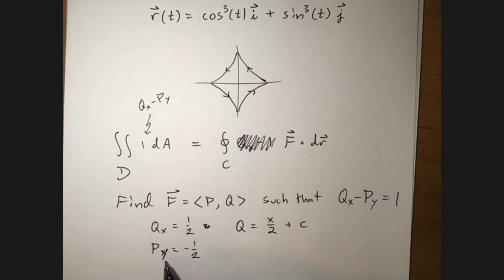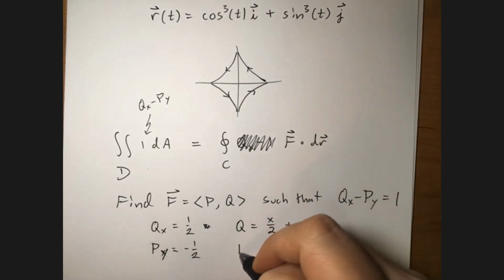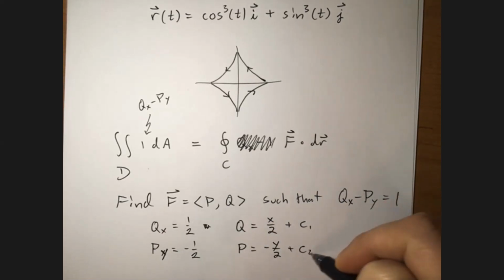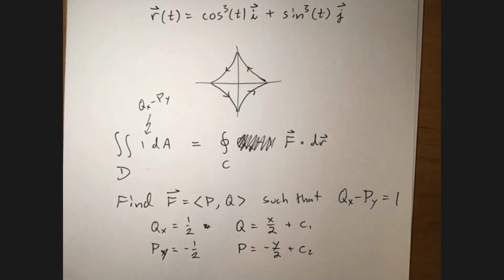Py equals negative 1/2, so P must have equaled negative y over 2 plus some other constant. All we need is a vector field that has these derivatives, so I'll just make these constants equal to 0. You could do it with other constants, it doesn't matter, but let's pick the easiest ones we can. So now we have a vector field that does satisfy this. We're going to use negative y over 2 comma x over 2.